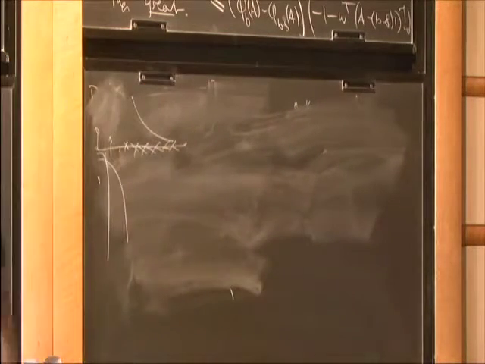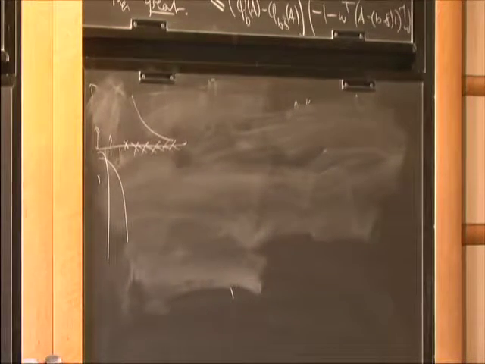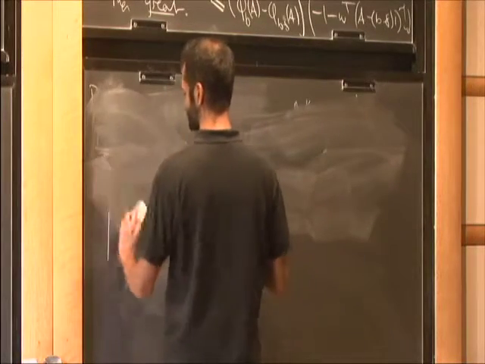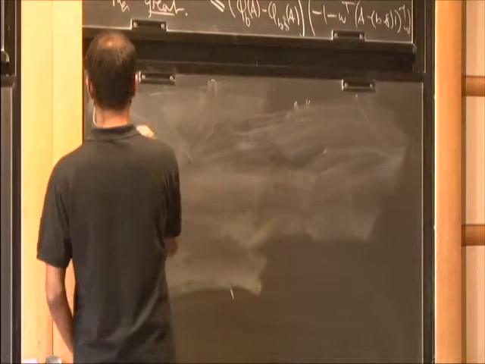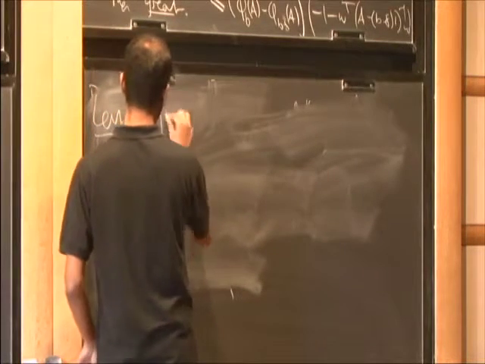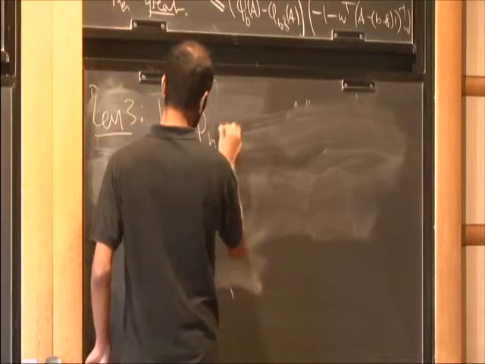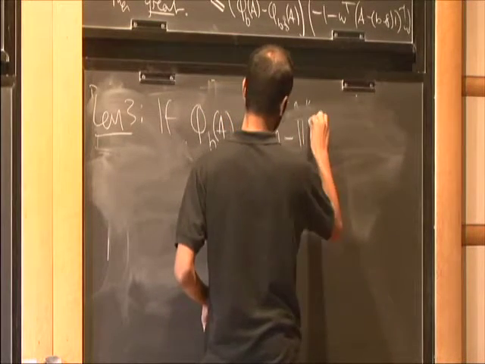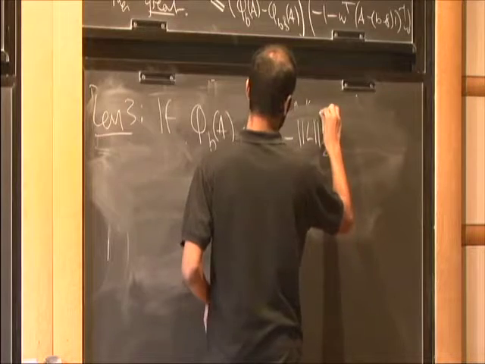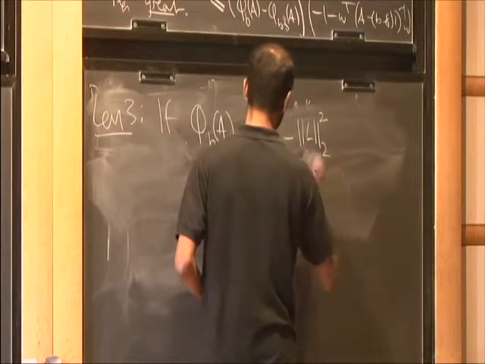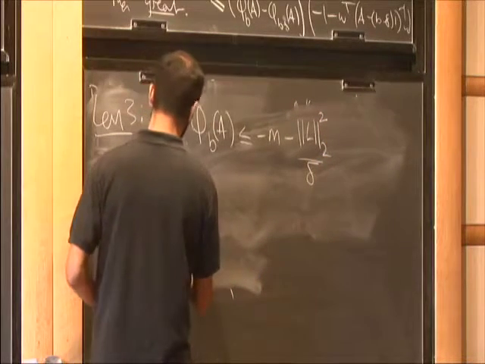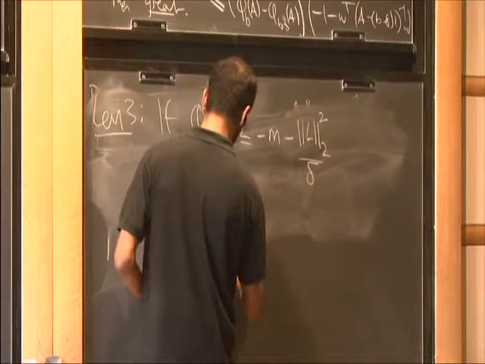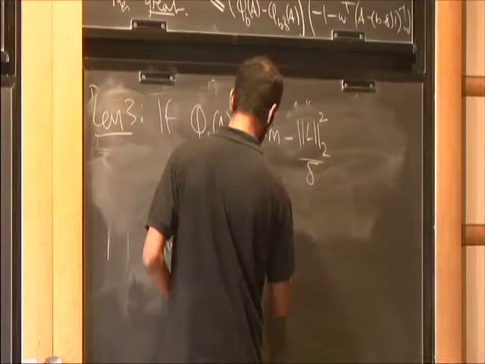So the main lemma, or the induction lemma, lemma 3, is: if this potential is at most minus m minus the 2 norm over delta, then there exists a b delta great vector.